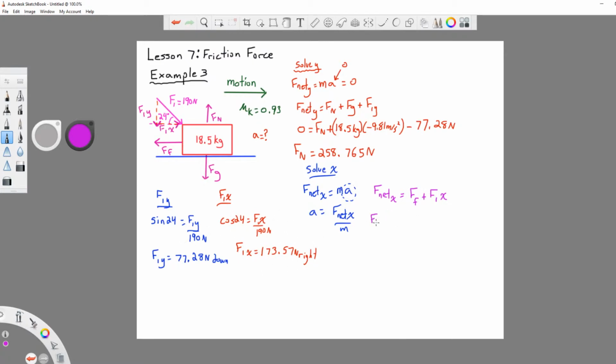So F net in the x direction is equal to force of friction, which is this coefficient of friction 0.93 times normal force 258.765 newtons.